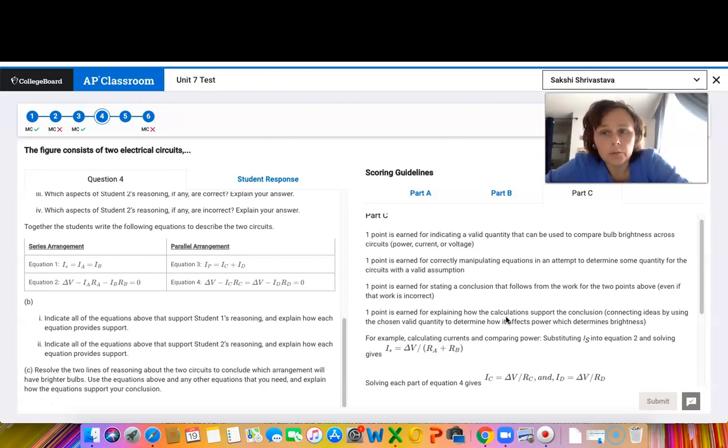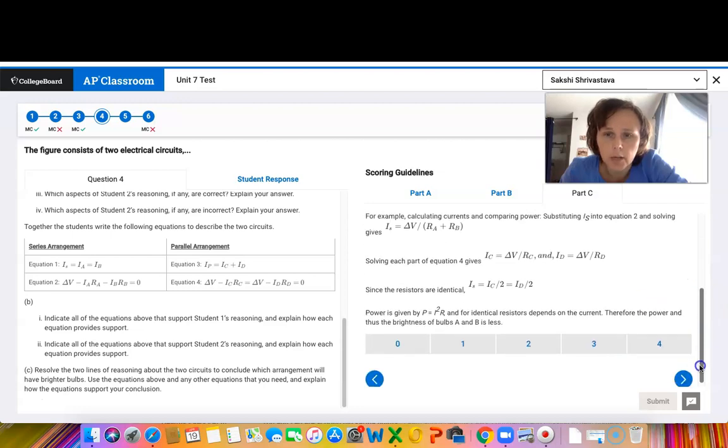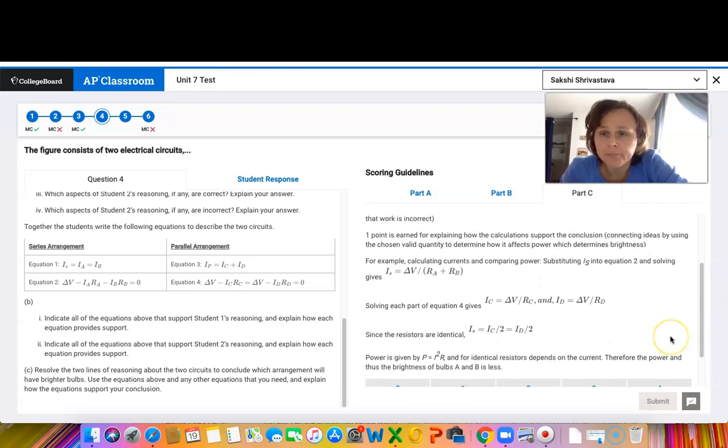So you can go different ways from here, but the easy way is to just use the relationship between the currents and then show that the brightness in the second circuit is greater than in the first circuit, but you have to use the equations and reasoning and state that the current is different because the equivalent resistance is different for both circuits.